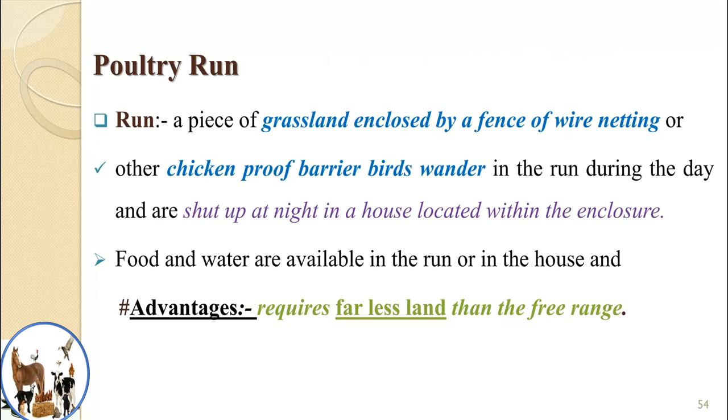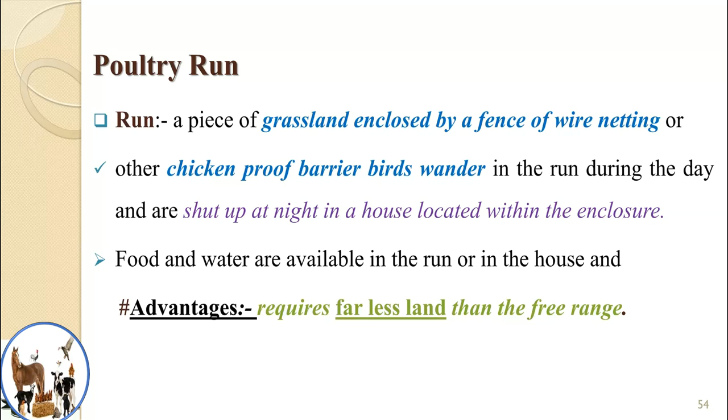So what is a poultry run? It's a piece of grassland enclosed by a fence of wire netting or chicken-proof barriers. Birds wander in the run during the daytime and are shut at night in a house located within the enclosure.